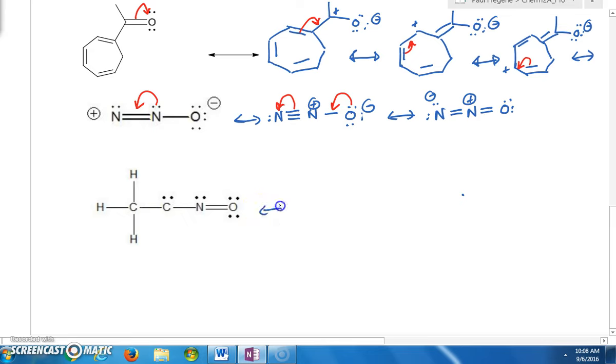Now here, as you can see, we can have a lone pair next to a pi bond, so we can delocalize that. And we get something like this. See, so now we have a positive charge here.